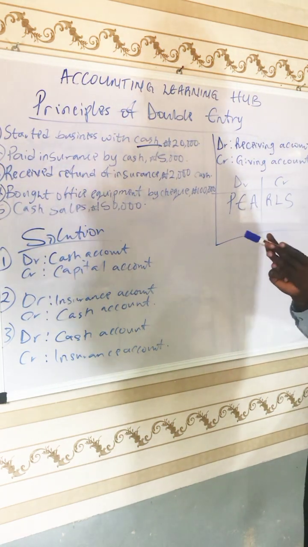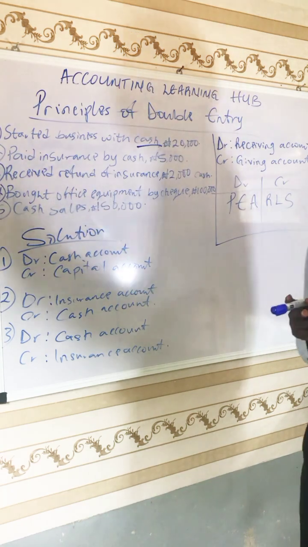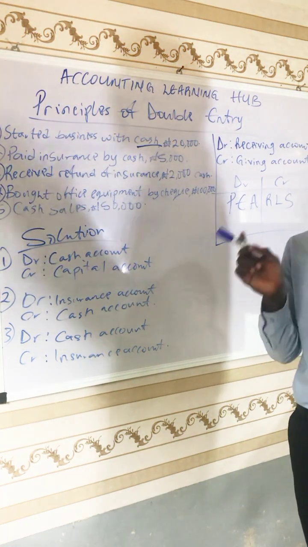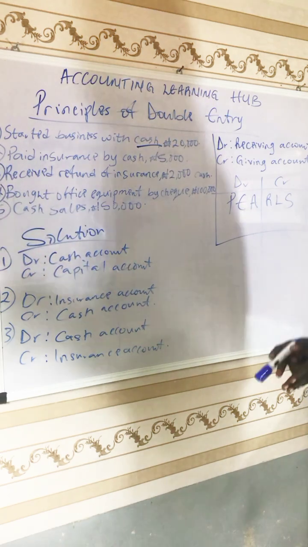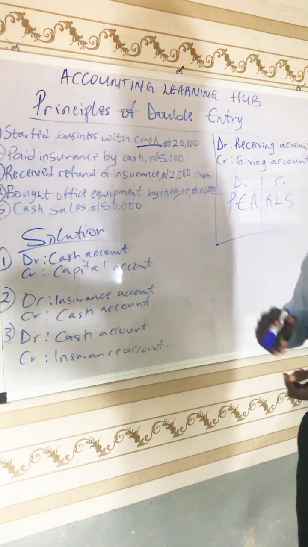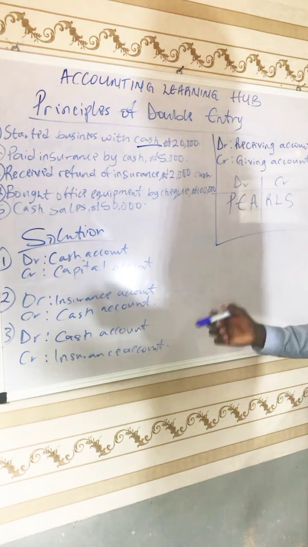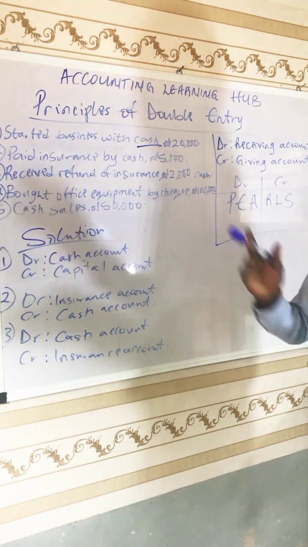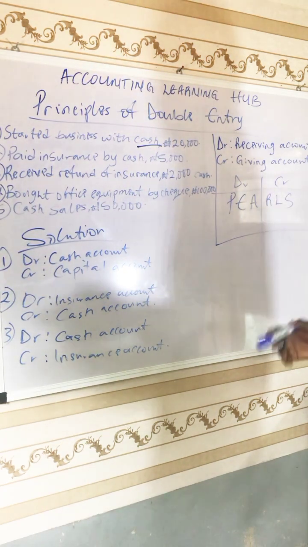We purchased the office equipment so that we are going to use it during the course of our business, not for the purpose of selling it for profit. So when we buy any asset, we debit the asset account. But when we buy goods, we debit purchases account.